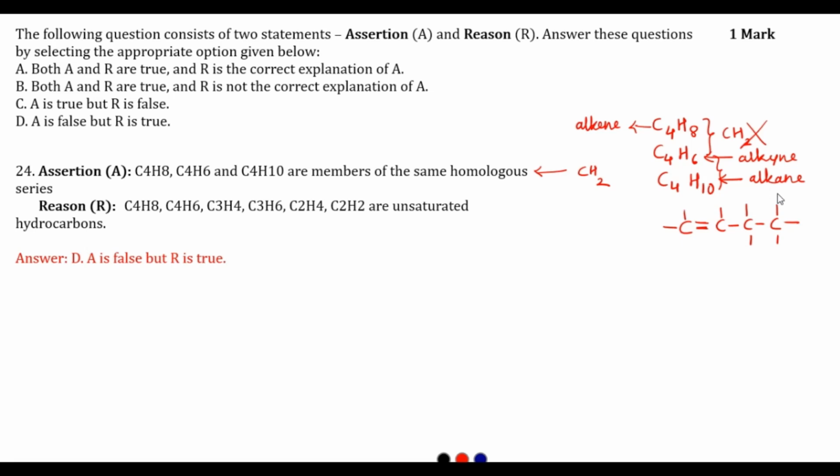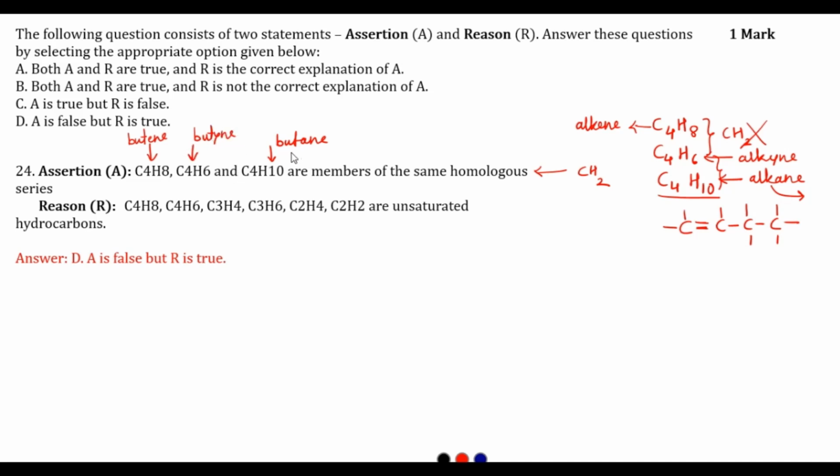Alkane is a member of the alkane homologous series. This is butane, so here I will write, this is butane, and this is butene, and this is butane. I hope you know how to name all of these.